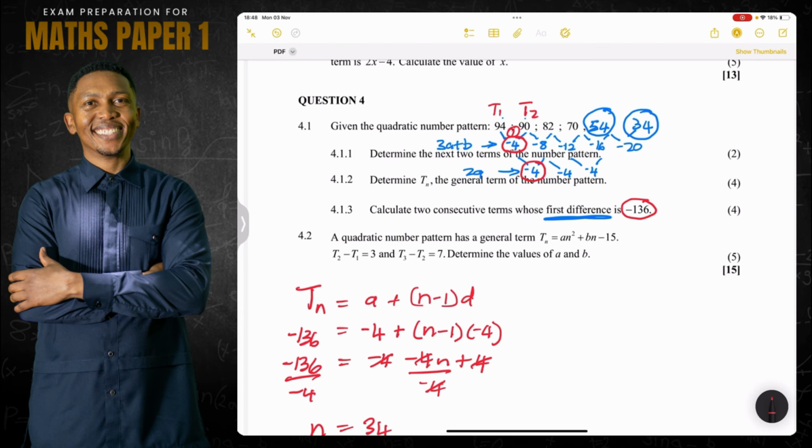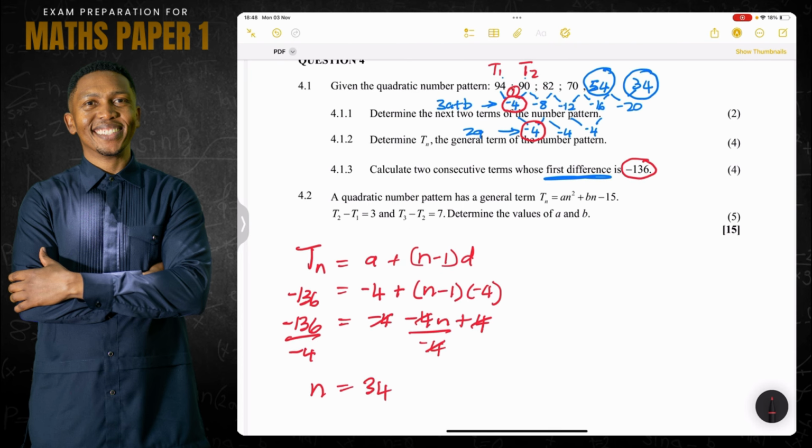So term 1 of my arithmetic sequence will be equal to term 2 minus term 1 of my quadratic sequence.